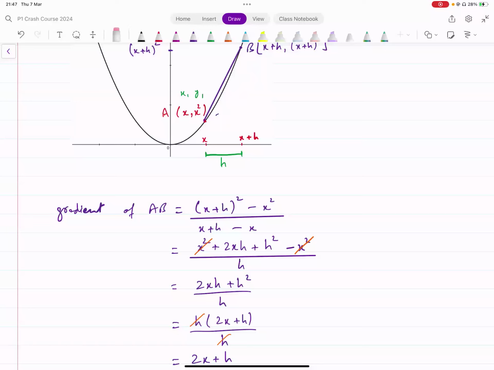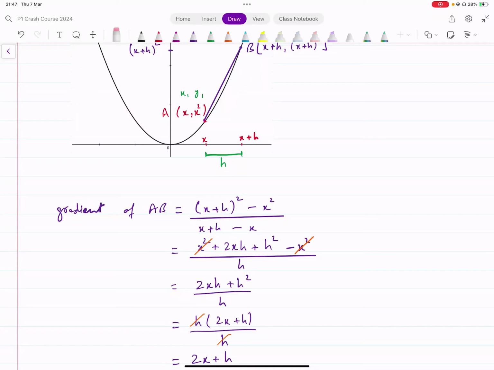Now, as B comes closer to A, what happens to h? h will keep getting smaller. So in order to get a good estimate for that gradient, we want h to be as small as possible. What's the smallest possible value of h that we can have here?